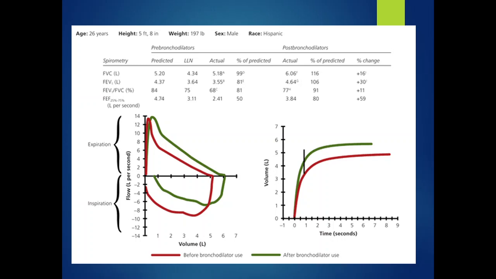So this is an obstructive lung disease, and after bronchodilation, the FEV1/FVC improved from 68 to 70, but still below 80%. The actual FEV1 improved from 3.55 to 4.64, which is a 30% improvement, more than 200 ml. So this is bronchial asthma, and you'd see the curve obviously almost normalized.